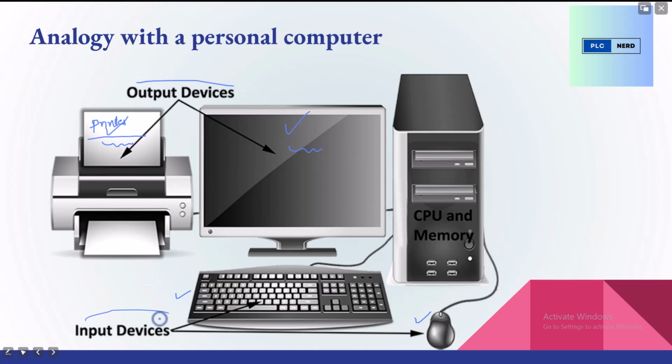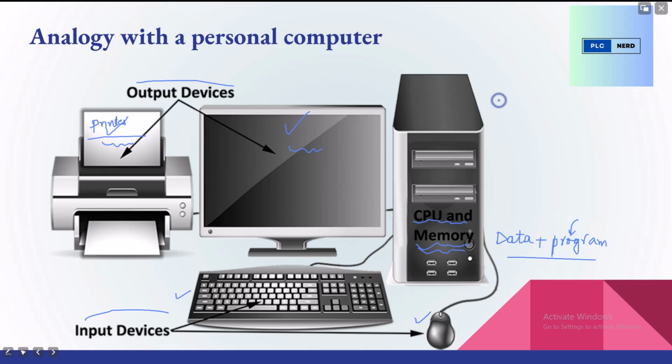We have some input devices, and the CPU has the processing capability to process the data coming from input devices such as mouse, keyboard, and microphone, and process the data according to the program stored in the memory. So the data and program both are stored in the memory while the CPU processes the data according to the program.